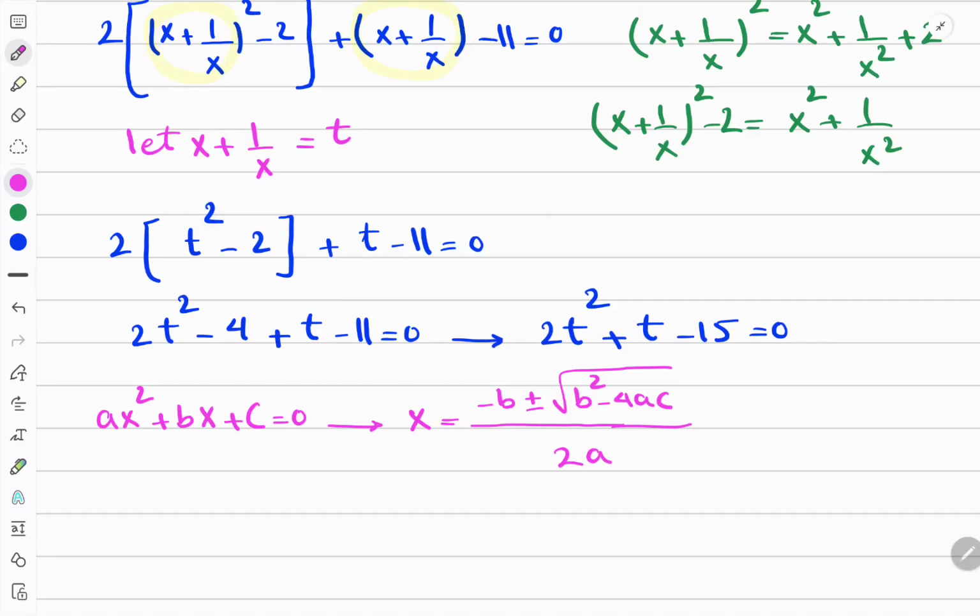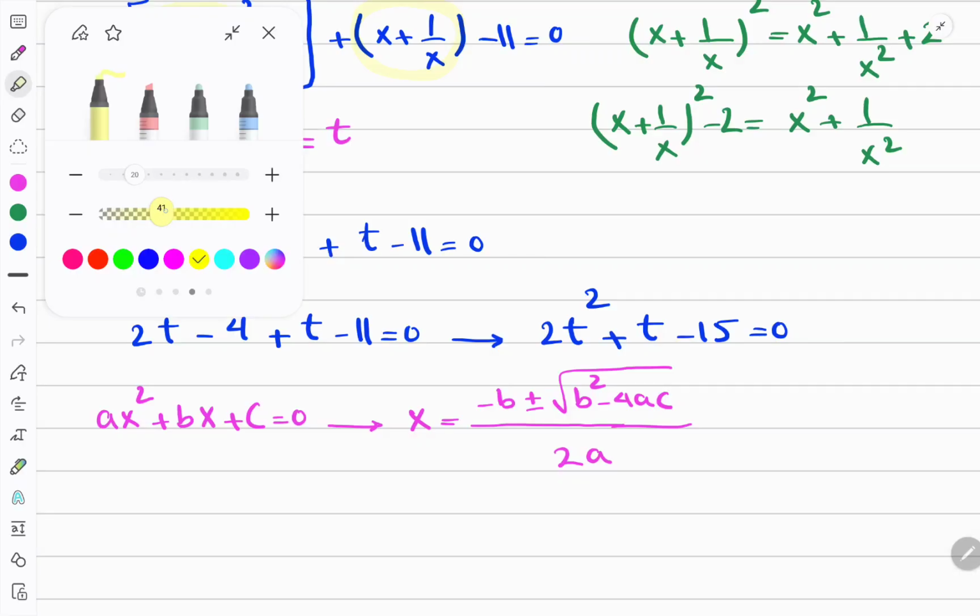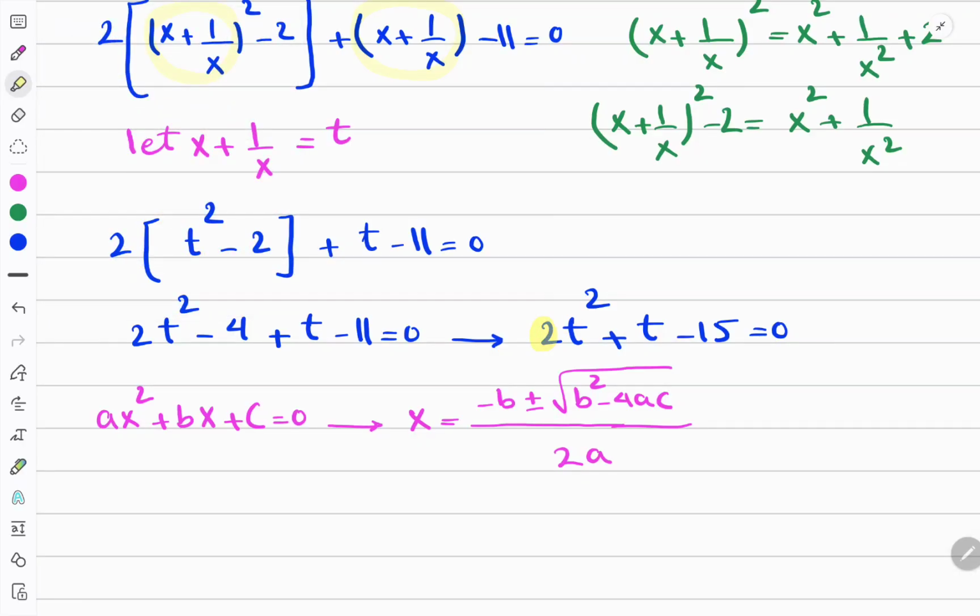And in this equation, a is 2, b is positive 1, and c is negative 15. We just need to substitute the values of a, b, c in this formula.